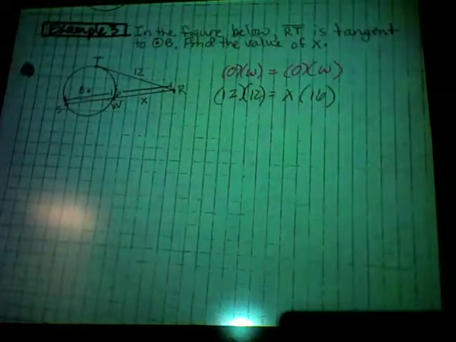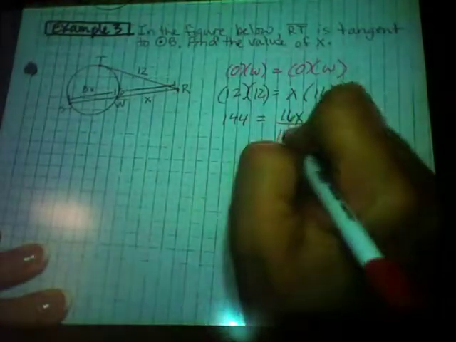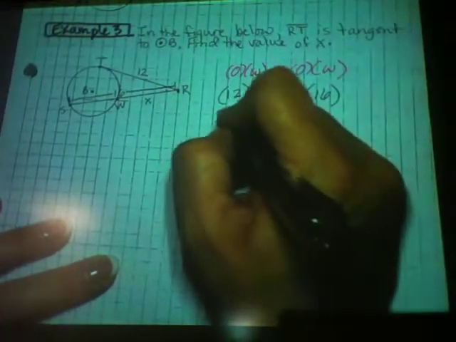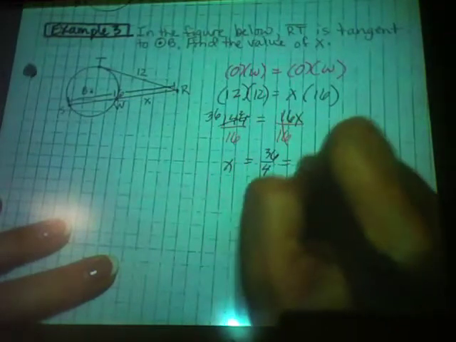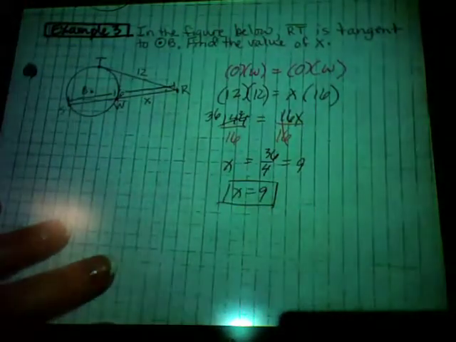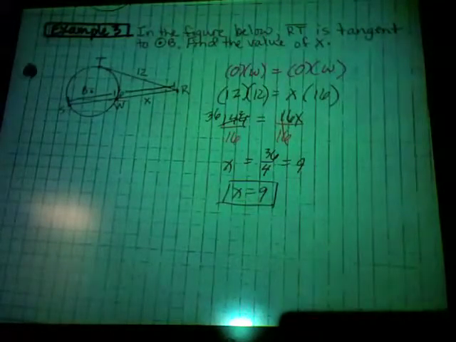So go ahead and solve. 144 equals 16X. Divide by 16. So you get a value of 9 for x.